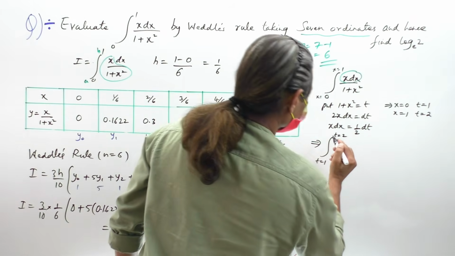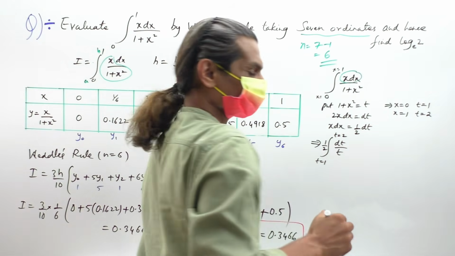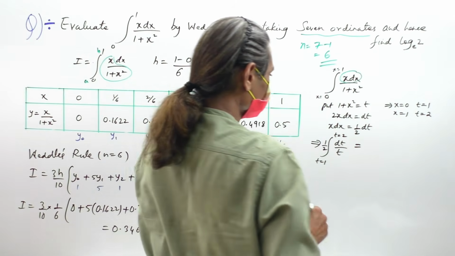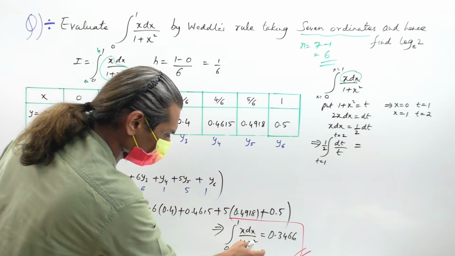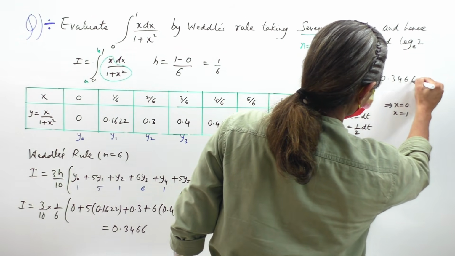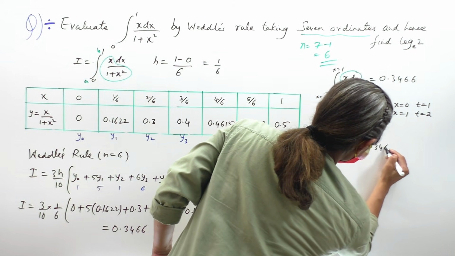And x dx is what? 1 over 2 dt by t. And that is equal to, what's that? So we already know that integral of 0 to 1 x dx over 1 plus x square is 0.3466. Perfect. Now this is all equal to 0.3466 as we know.